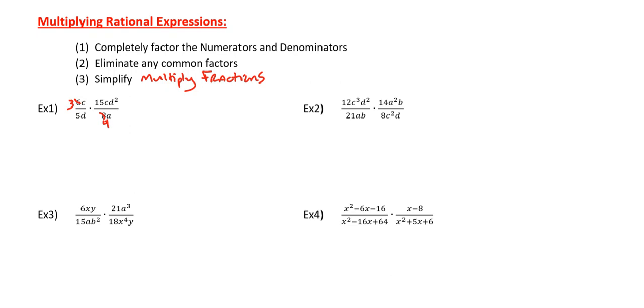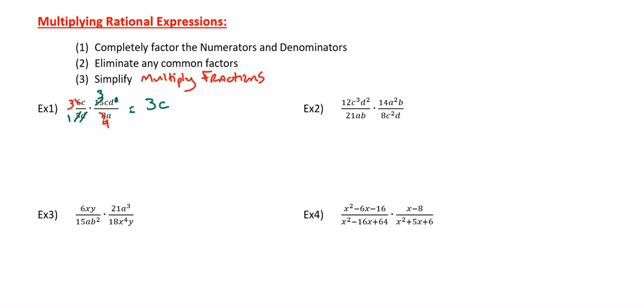I can also reduce on the other diagonal. I can cross out the 5 and make this a 1 and make this a 3. And then the d can go here, and that'll make the d squared go away. And then I can go ahead and multiply. So right now, let me write this before I actually multiply.